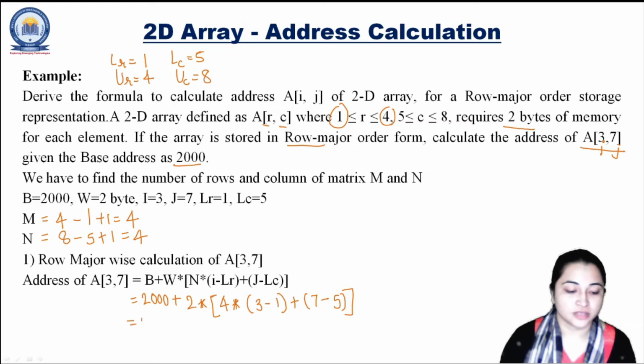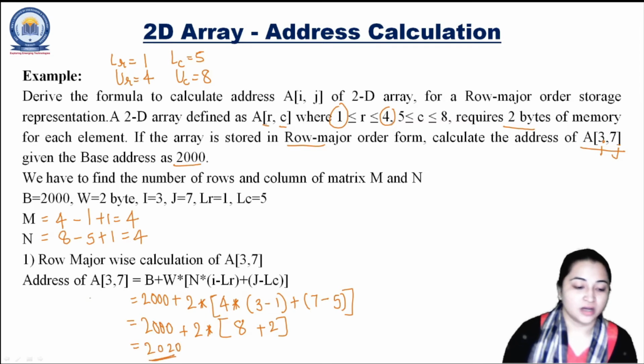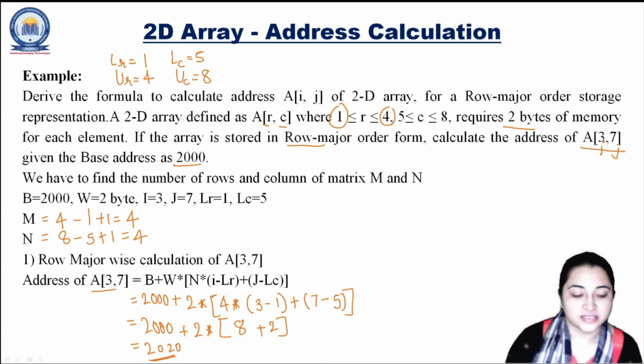So it would be 2000 plus 2 into 4 times 2, which is 8, plus 7 minus 5, which is 2. So 10 into 2 is 20, and the final answer is 2020. So the element at index 3,7 is stored at address 2020.